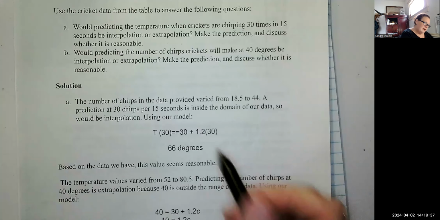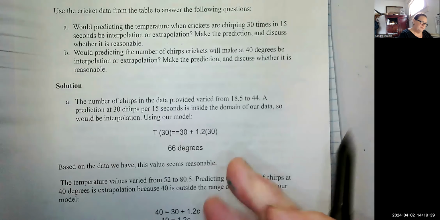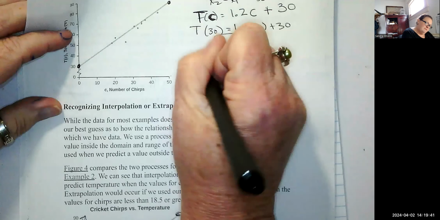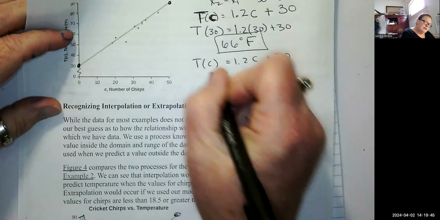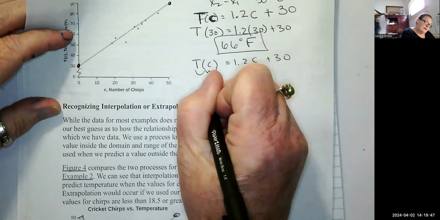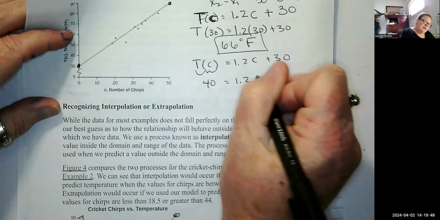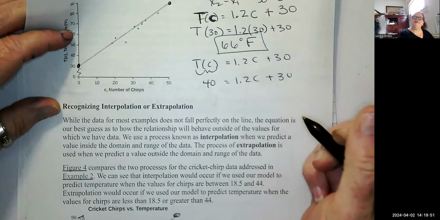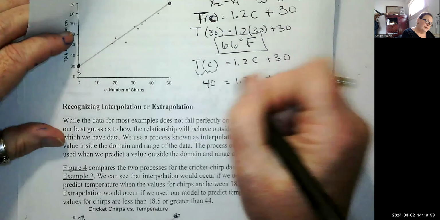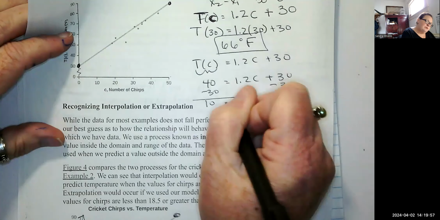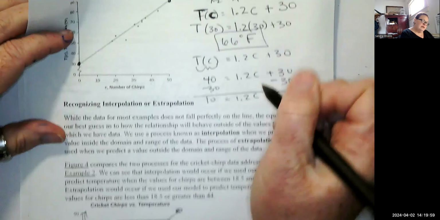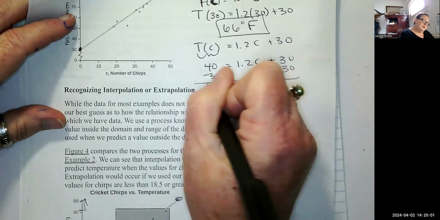They're wanting to know about 40 degrees. So if T of C is 1.2C plus 30, then the temperature is 40 degrees, so 40 equals 1.2C plus 30. We're just going to solve for C, the number of chirps that we would have at 40 degrees. Subtract 30 from both sides. We get 10 is equal to 1.2C. Divide both sides by 1.2.